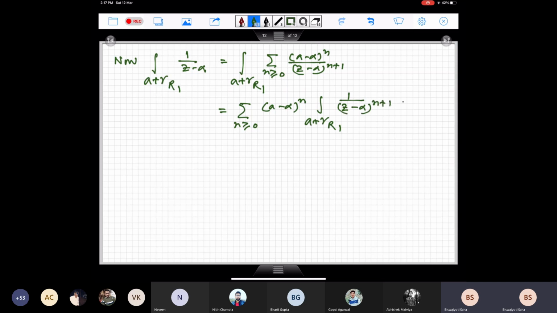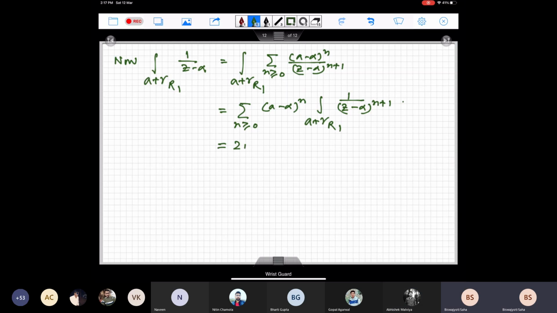So now tell me what are these integrals? What can I say about them? Tell me what do I get over here? 2 pi I. Coming from which term, Abhishek? n equals 0. And what happens to the other n's? 0. Very good.